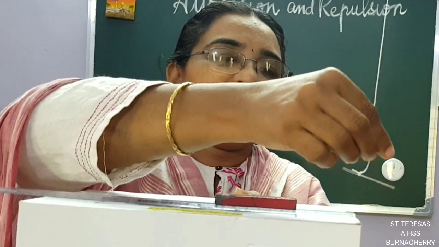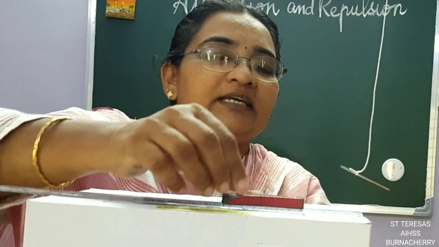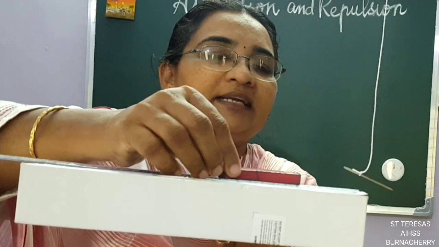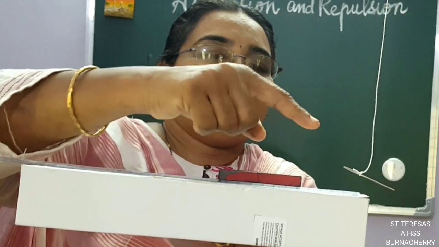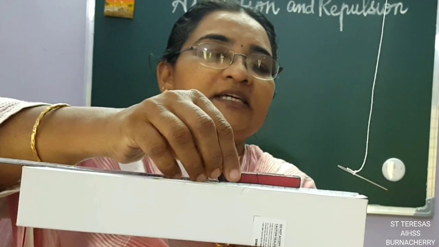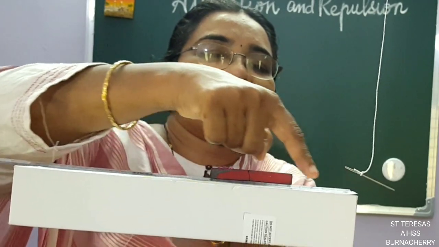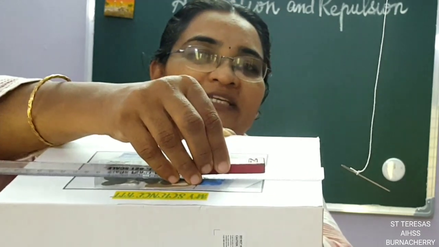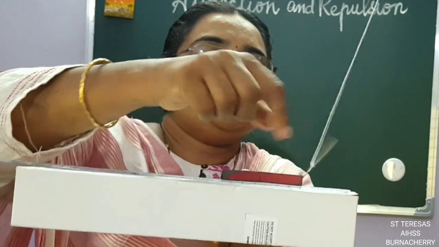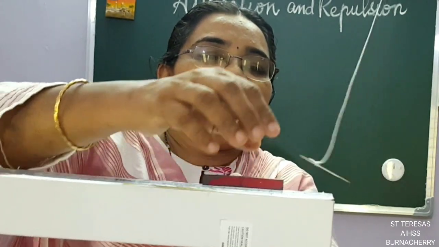Yes, isn't it? The needle is coming towards the magnet. See, it is trying to come towards the magnet. So now this distance is 4 centimeters, as you can see here.